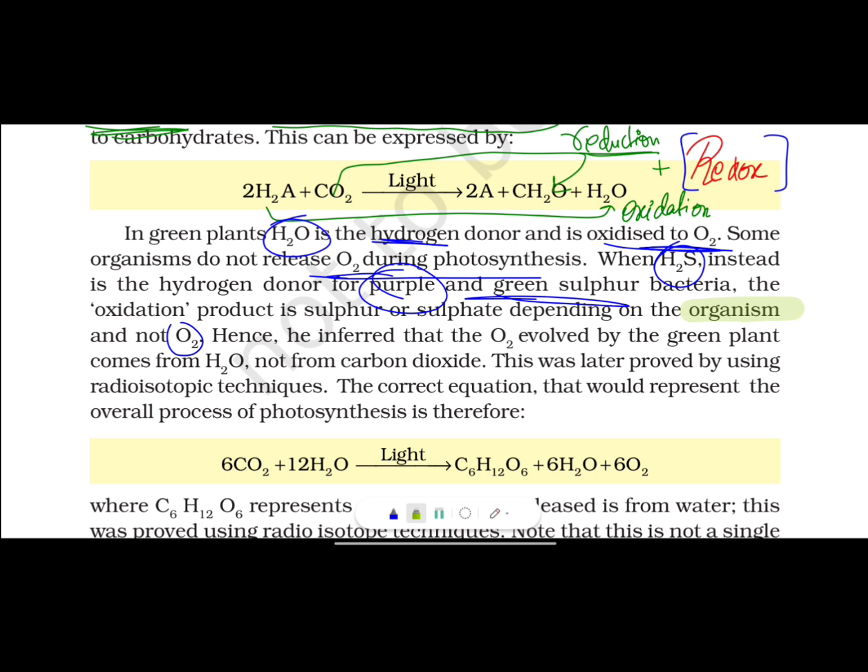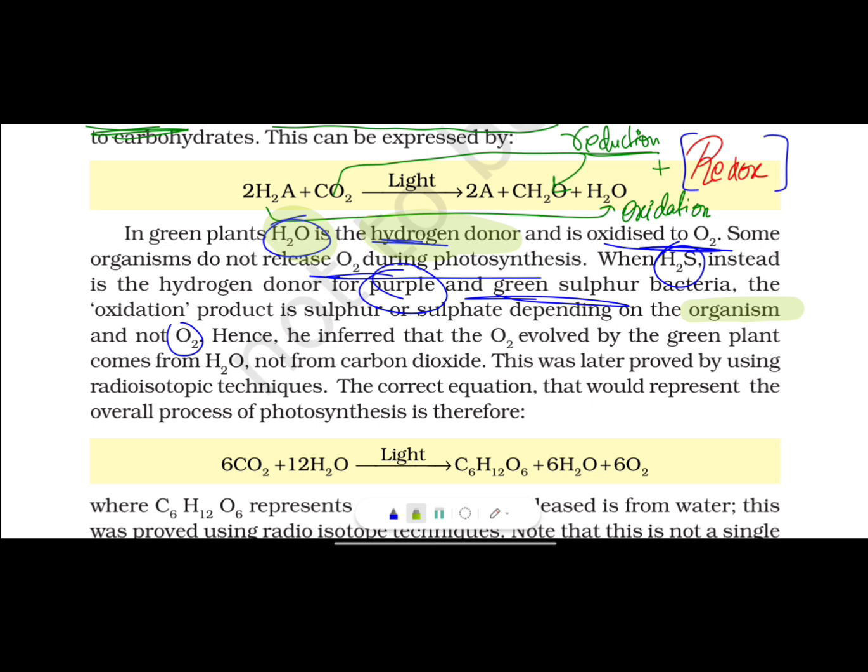Over here we can see that H2O is the hydrogen donor. From H2O some hydrogen will be removed. That's why O is formed.